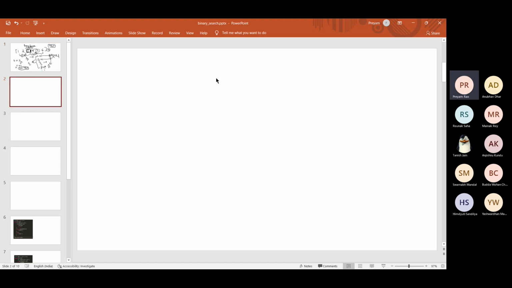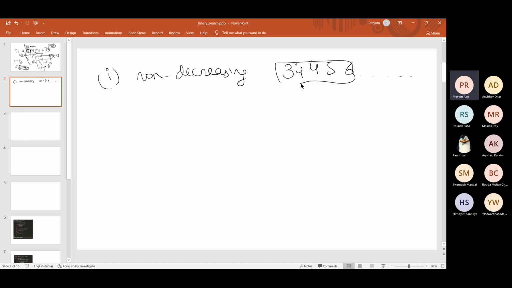It has just one condition: the array must be either non-decreasing. So if it's like 3, 4, 4, 5, 6, something like that. So now notice that this is a non-decreasing array, or it is a non-increasing array.